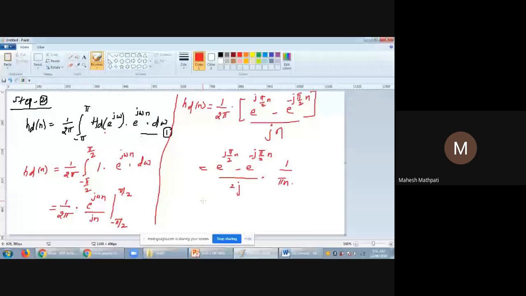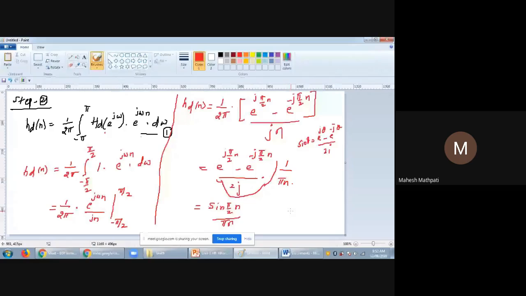Then what can I write for this? It is the formula of sin theta in exponential form: sin theta equals e power i theta minus e power minus i theta divided by 2i.